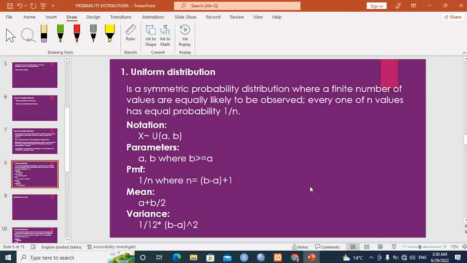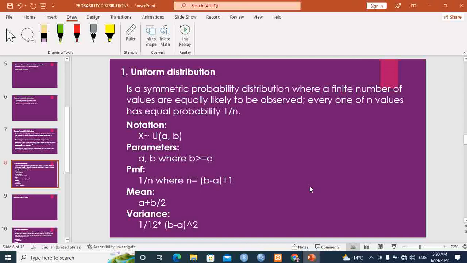So it is a symmetric distribution with a finite number of values, so we can count them, and all outcomes have equal probability of happening.